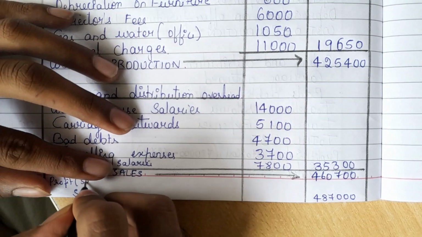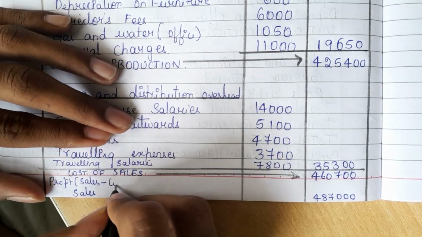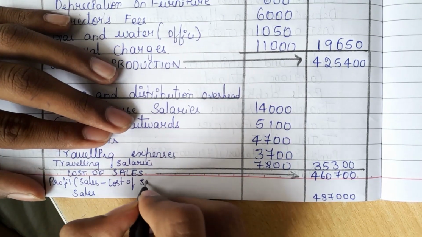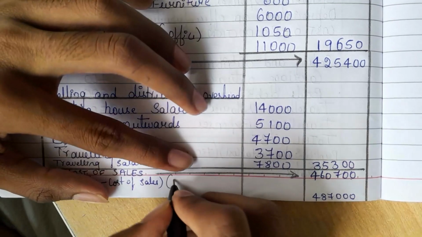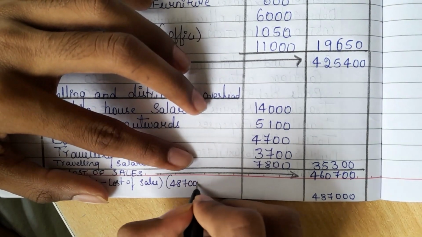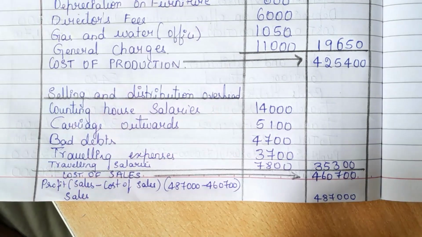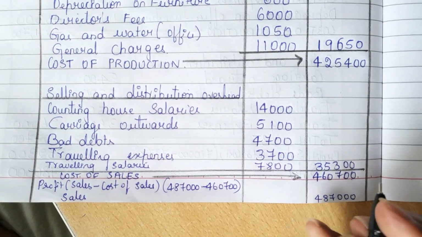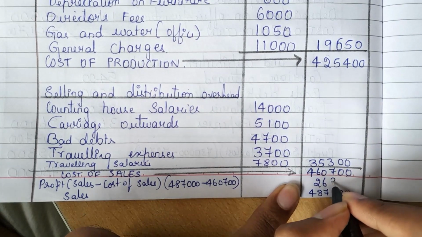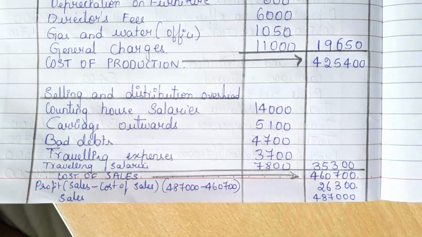What is the formula for finding profit? It is sales minus cost of sales, which means 4,87,000 minus 4,60,700. When you subtract that, we will get 26,300. This is our profit.